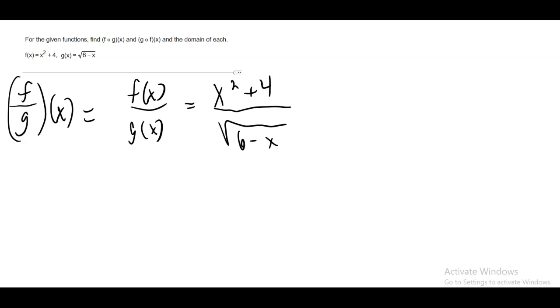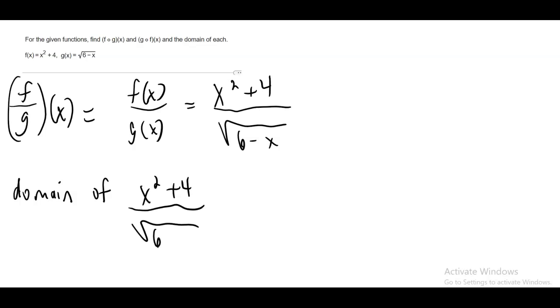And now let's talk about the domain of x squared plus 4 divided by the square root of 6 minus x. So we have a special case here. We actually have a combo.